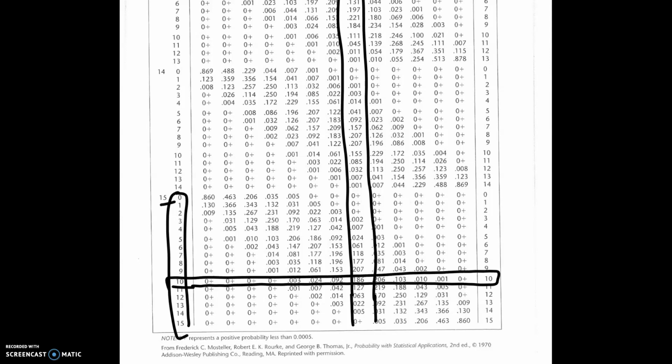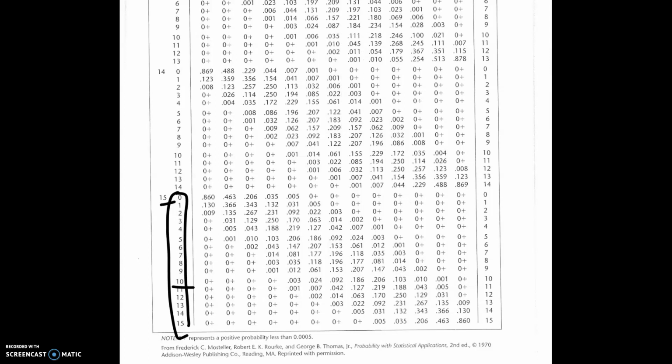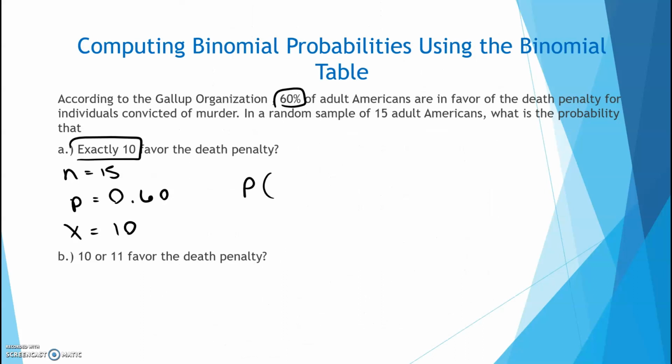Where they overlap, you can't see the decimal point, but it's 186, not 180. That is our answer right there, and that's all we need. So the probability of getting exactly 10 people who favor is equal to 0.186, and you're done.